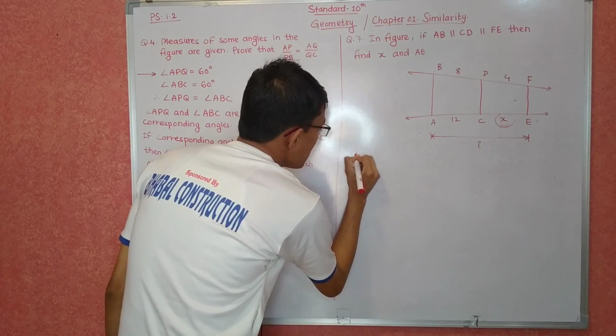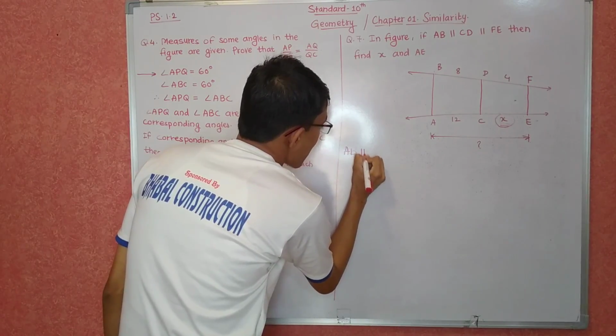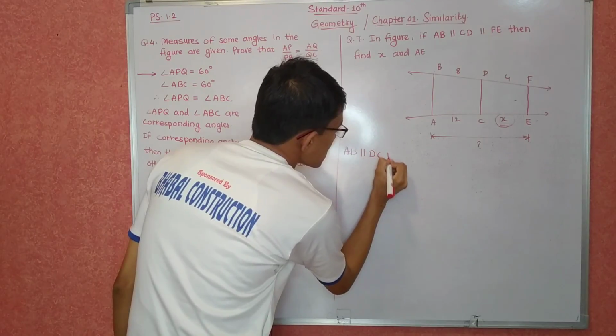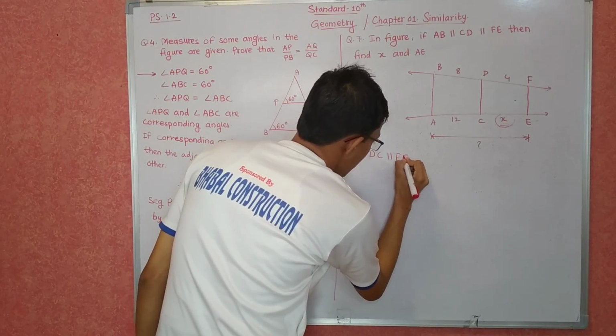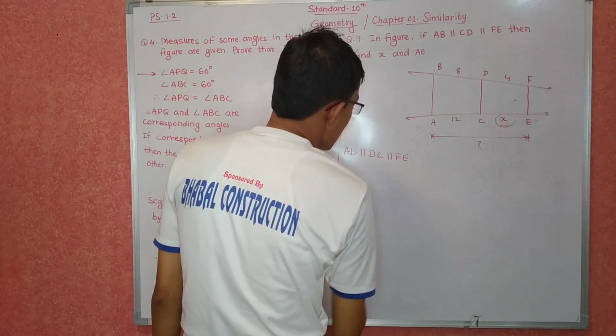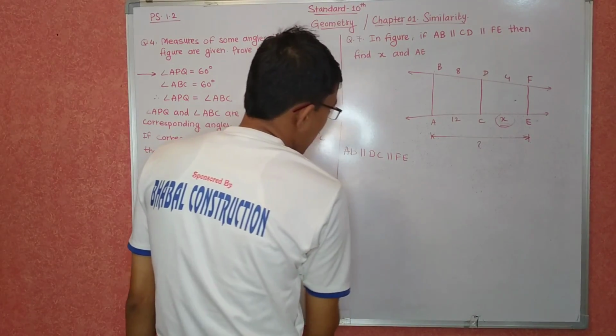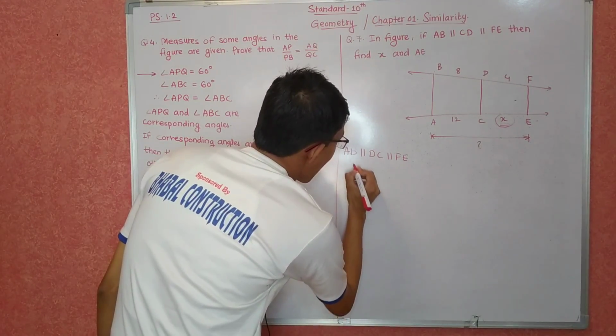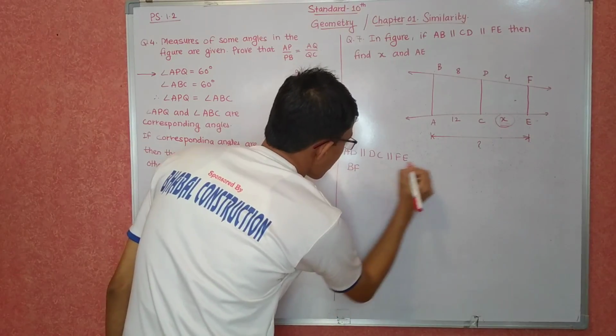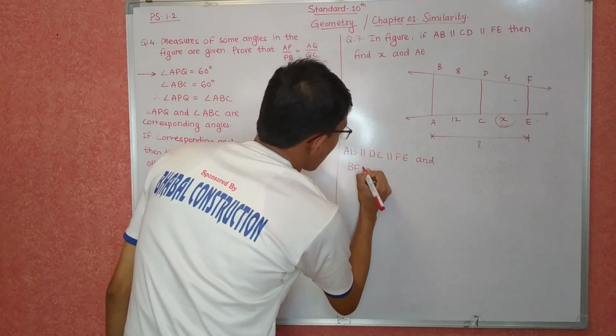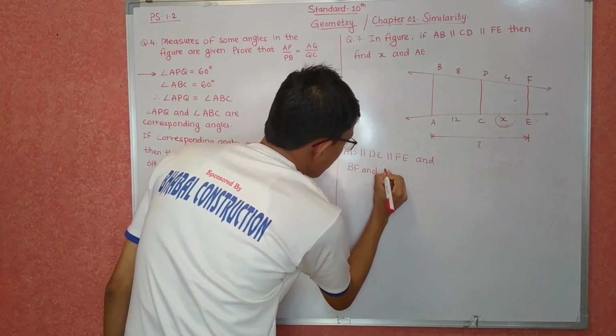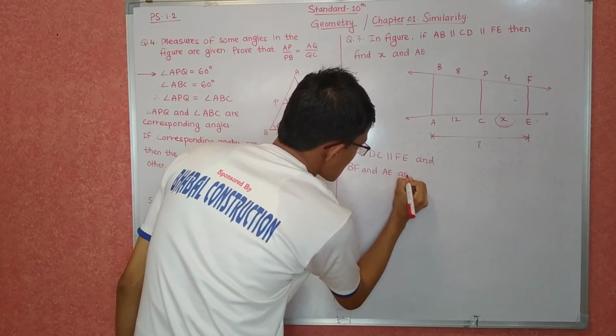Okay, so we know that AB is parallel to DC is parallel to FE. So all these three lines are parallel. Okay, and BF and AE are the transversals.